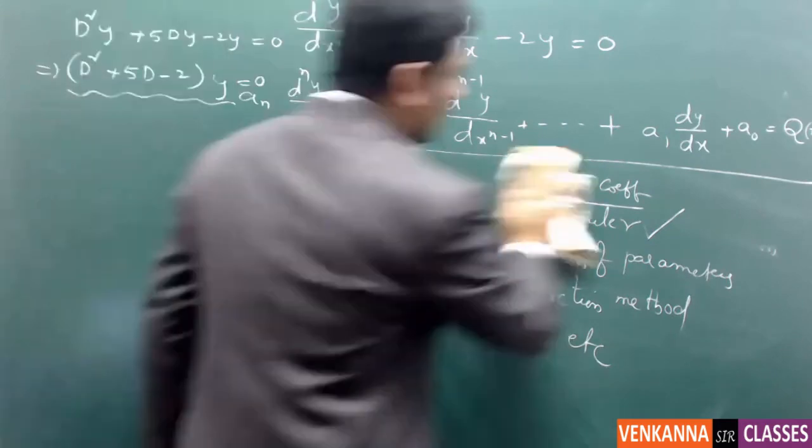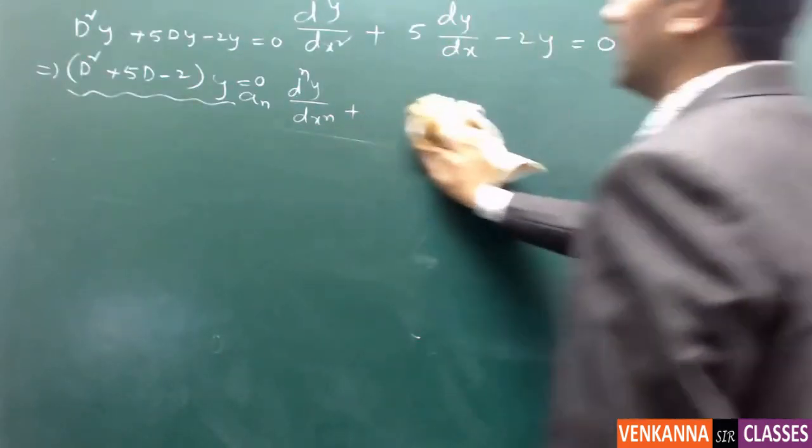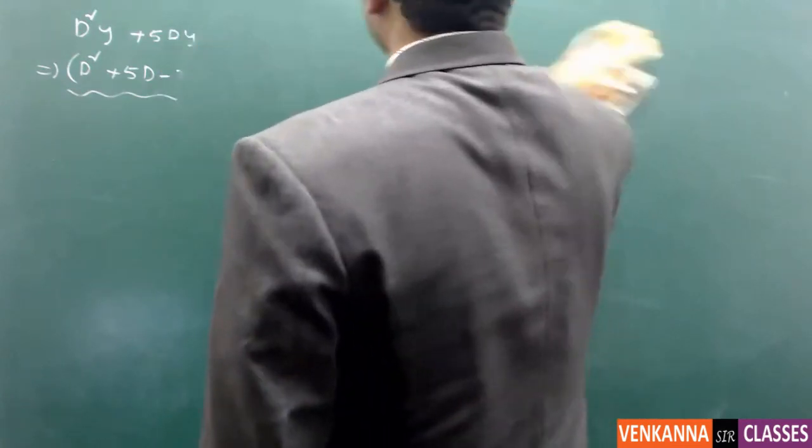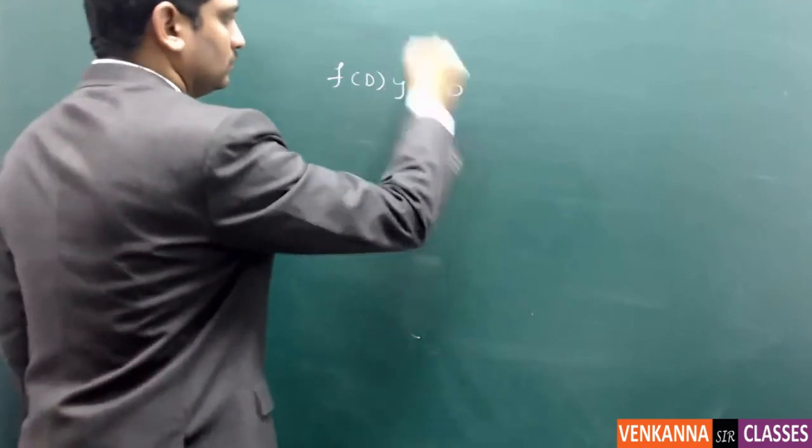First of all, I go with the homogeneous differential equations part, that means where the right hand side is 0. Now, consider the homogeneous differential equation f of D into y equal to 0.